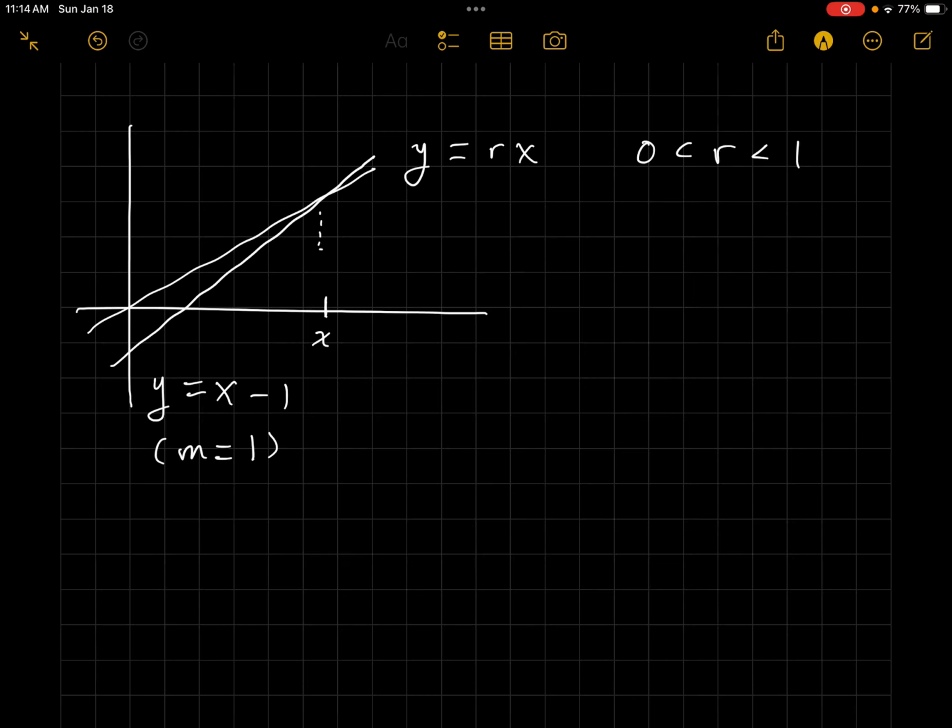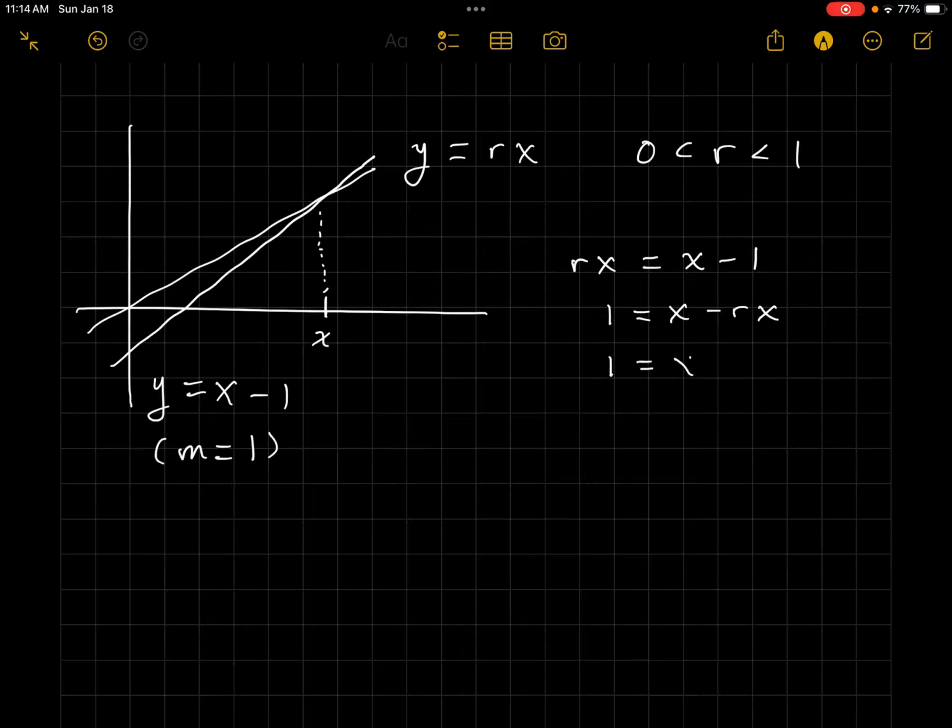So our goal is to find where they intersect. Now, if they intersect, then the y values must be equal. So if I do a little bit of work, I get 1 equals x minus rx.